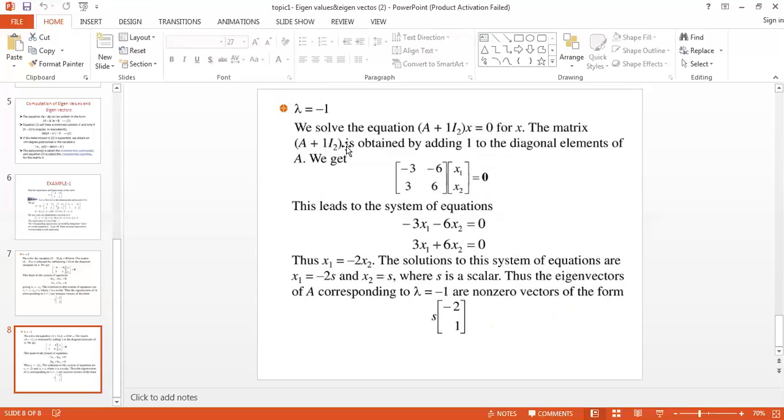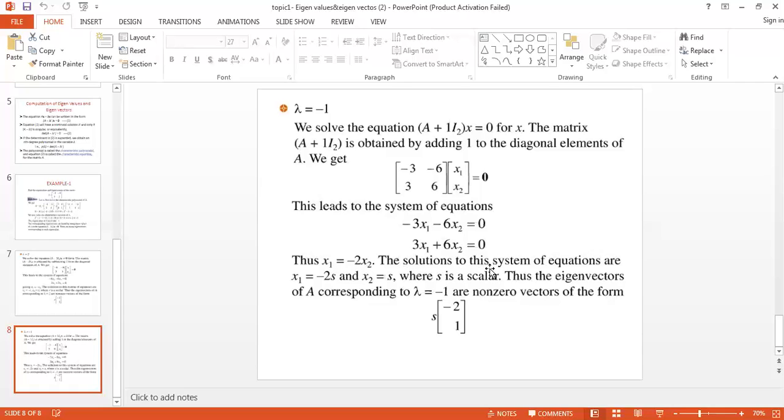A plus 1 into I2 is obtained by adding 1 to the diagonal elements of A. We get [-3, -6; 3, 6] [x1, x2] equals the null matrix. So this we can write as -3x1 minus 6x2 equals 0, 3x1 plus 6x2 equals 0. Solving this, we get x1 equals -2x2.